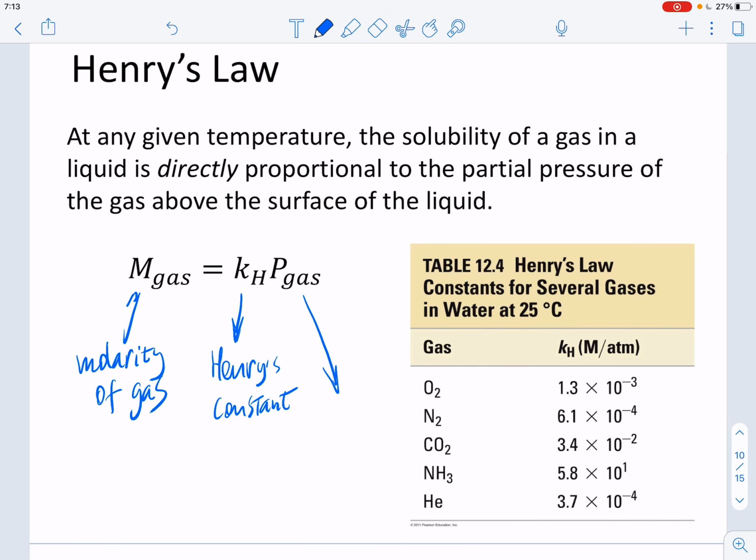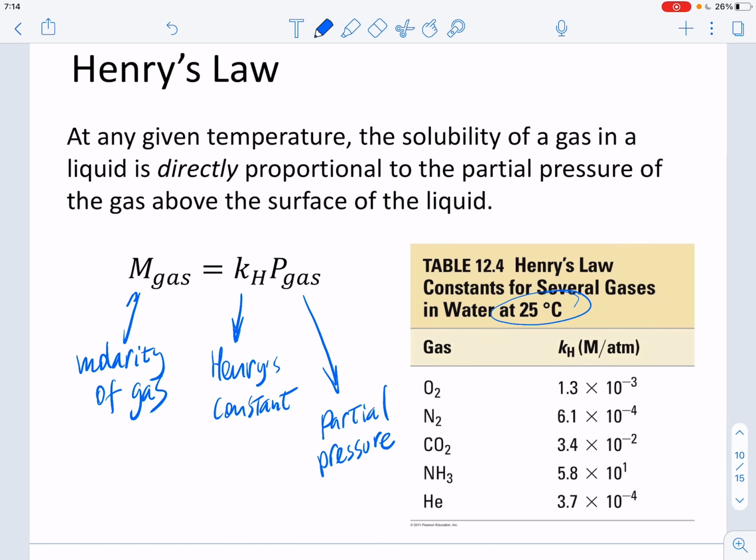And here the pressure, this is the partial pressure of the gas. Okay, so if you increase the partial pressure of the gas, you will increase the concentration of the gas. Okay, of course these constants are also temperature dependent. We are not going to worry about temperatures here. We can assume that we are always working at the same temperature, so we only worry about the pressures, okay, and the concentration of that gas.